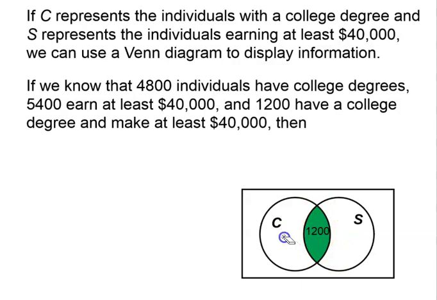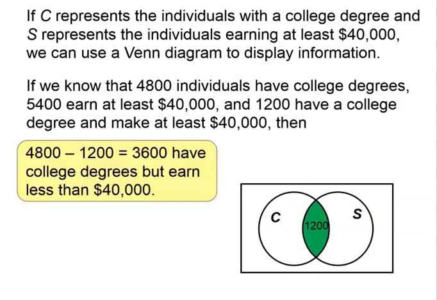So what do we put in that outside moon area shape? How about we subtract 1,200 from 4,800, which is 3,600, and that's going to sit in that outside area. So notice the entire circle C equals the total 4,800 for C.